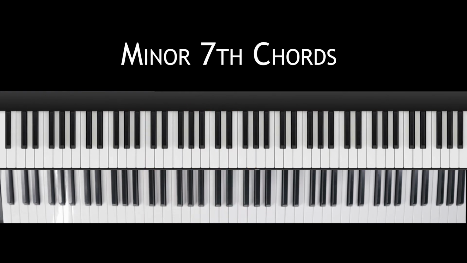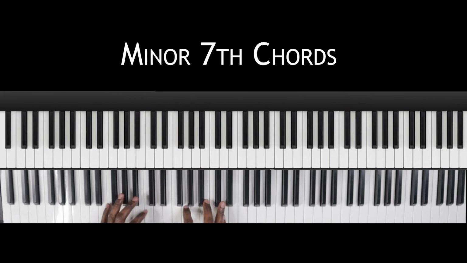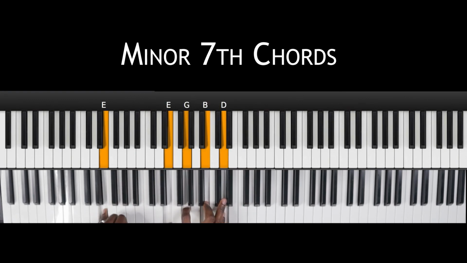All right, now you can take that and you can play in all your keys, using the same chord progression. So if I took that to G, remember on the 1, I had my major 7th, and then to the 6th we have the minor 7th.